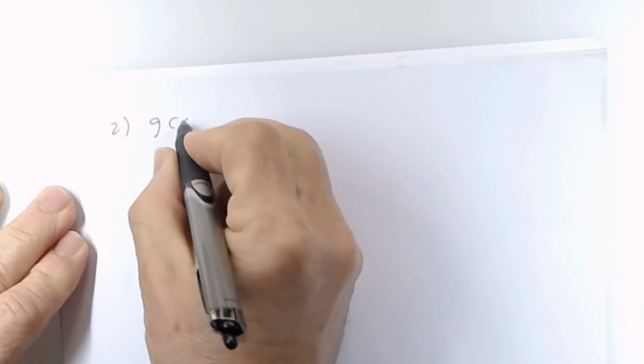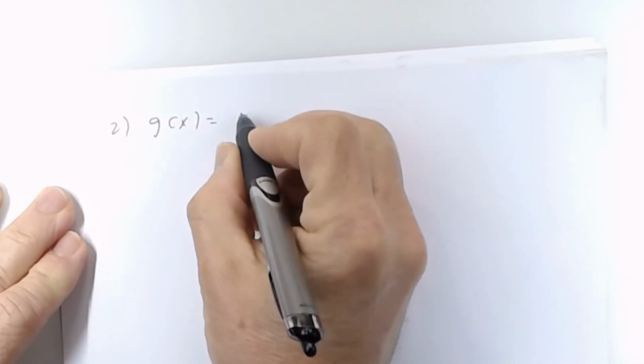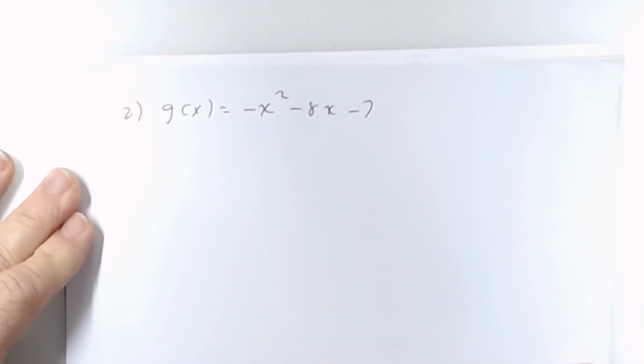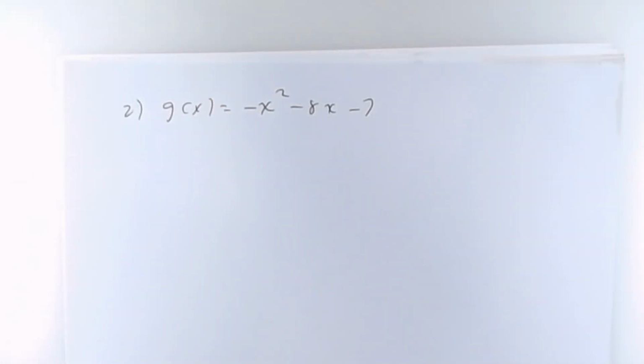Suppose that this time you're told that g of x equals negative x squared minus 8x minus 7. What form is this? General form.